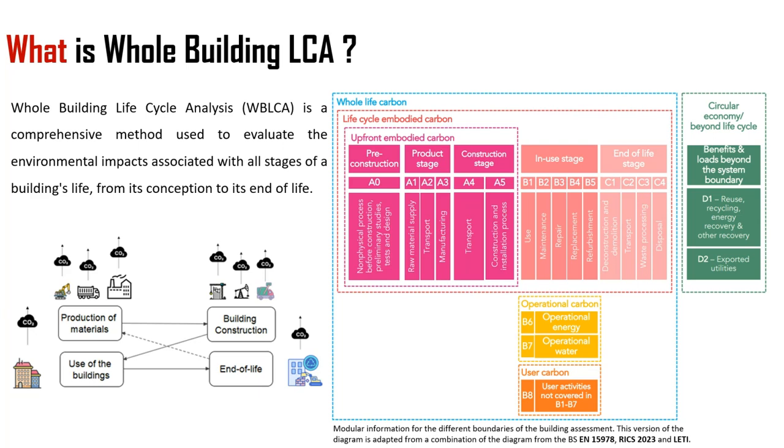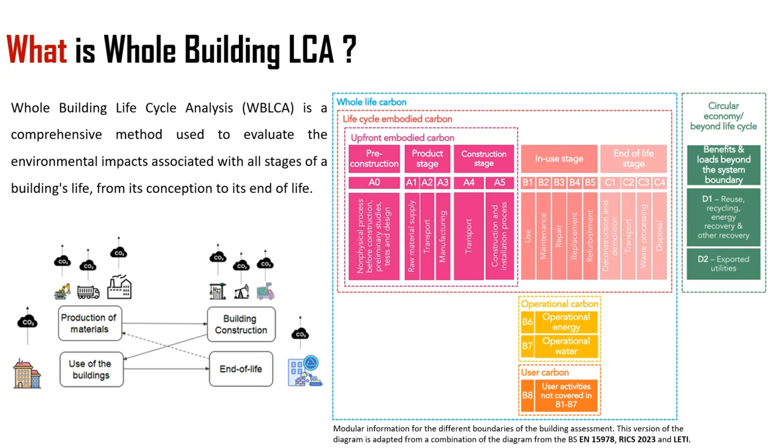So we can see that upfront embodied carbon, which includes A1 to A5. So you can see A0 and B8 and something. So unusual additions here, but still you can understand they are also proposed to be added.